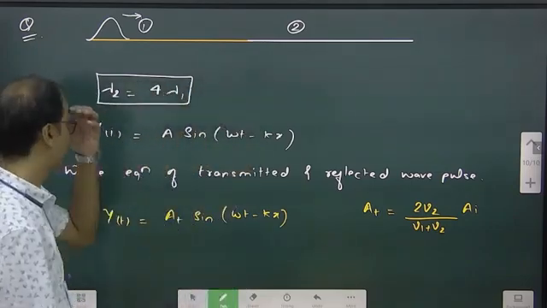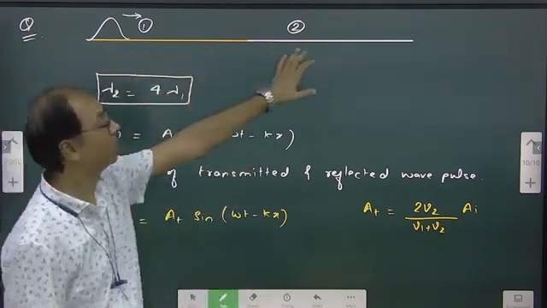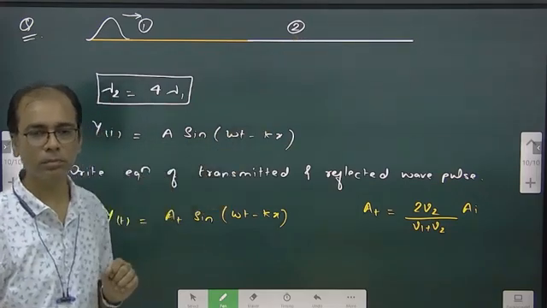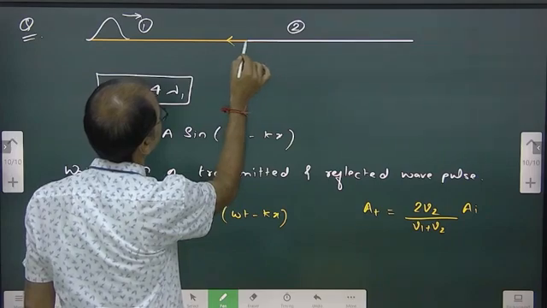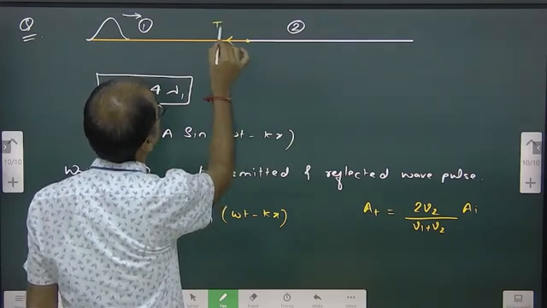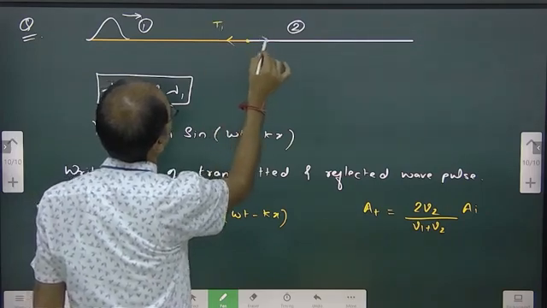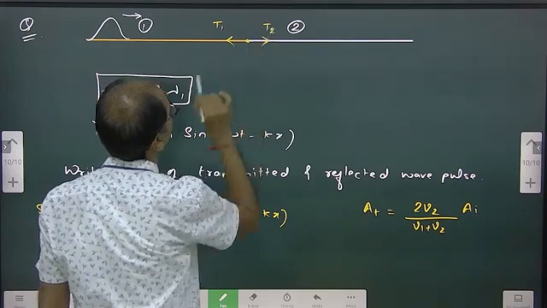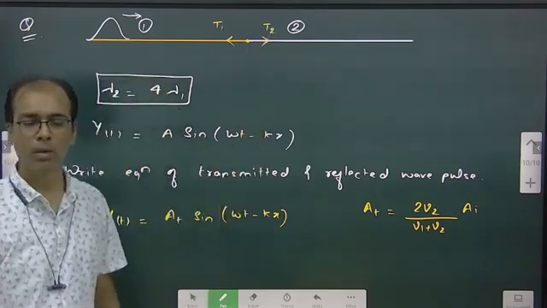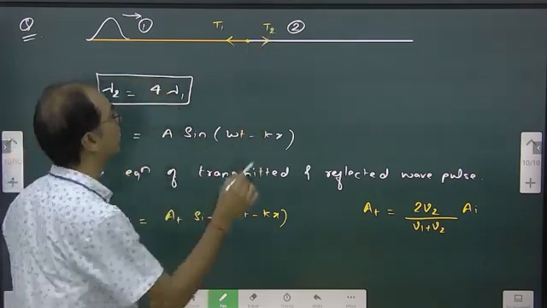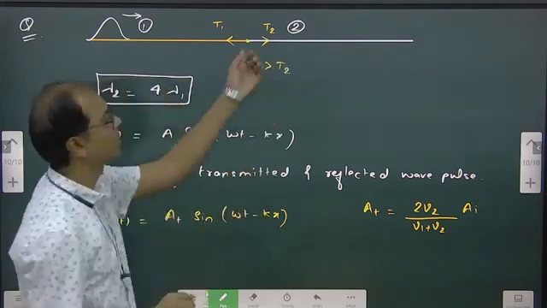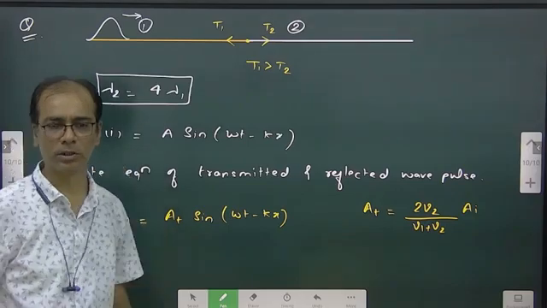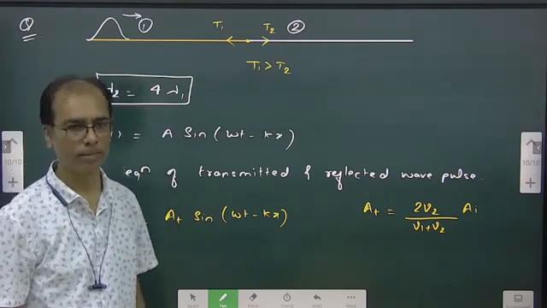Okay, fine. Now both the strings are connected. So if tension here is T1, junction we are talking, here is T1 and here tension I take as T2. Suppose T1 is greater than T2. What's going to happen? This junction will be pulled in this direction, right?